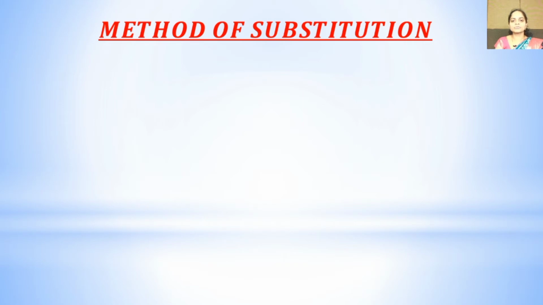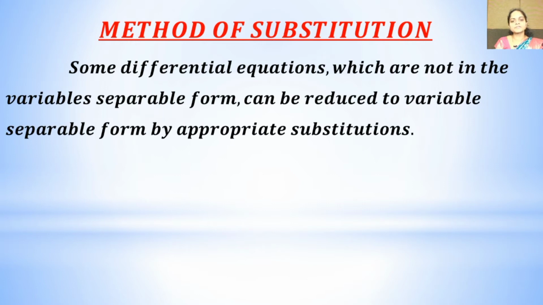First we see what the method of substitution is. Some differential equations which are not in the variable separable form can be reduced to variable separable form by appropriate substitution. It means that some differential equations are not in the variable separable form, so in these examples, we use the substitution.